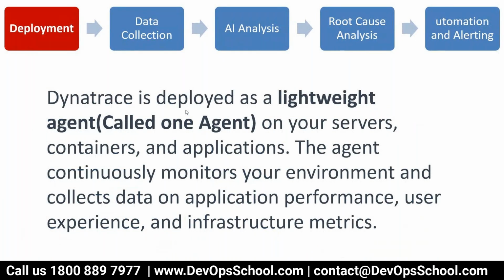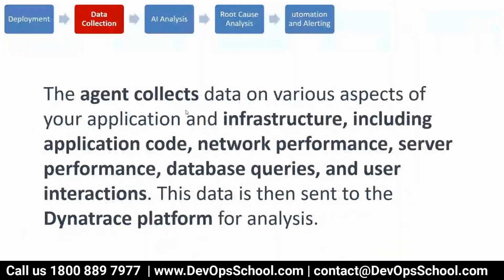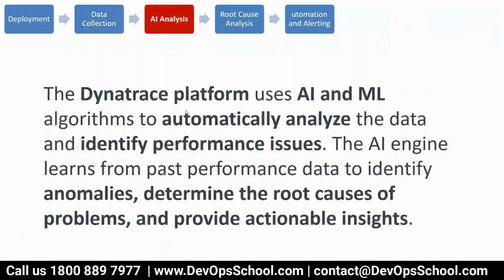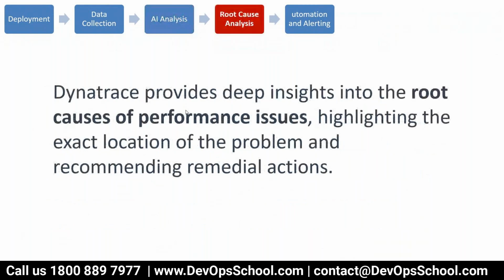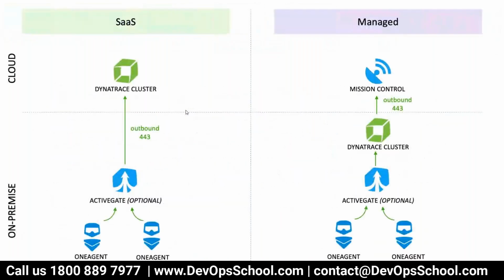The agent will be collecting the data. Analysis will be done by Grail, and OneAgent also has AI and ML components. Most of the people love Dynatrace for this. Then you'll get RCA, root cause for the performance issues, and then automation and alerting.